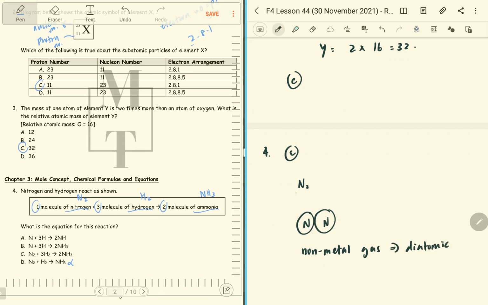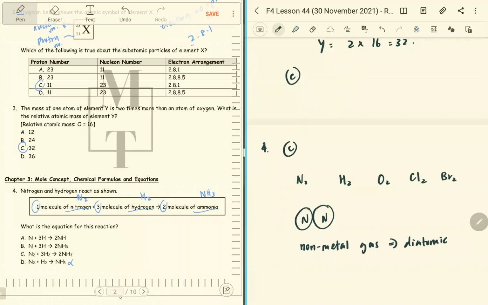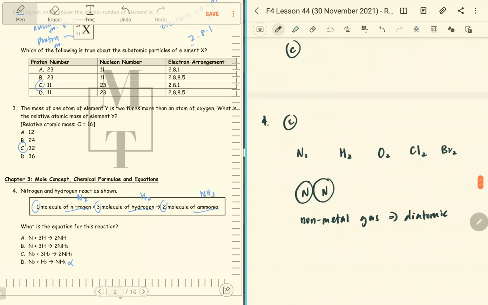Nitrogen is not a metal, so you put N2. So nitrogen gas is N2. Hydrogen is a non-metal, so hydrogen gas is H2. Oxygen is a non-metal, so oxygen gas is O2. Chlorine gas is Cl2, and then you have Br2 and so on. So the shortcut method is just that if you see a non-metal gas, you know it is a diatomic molecule.